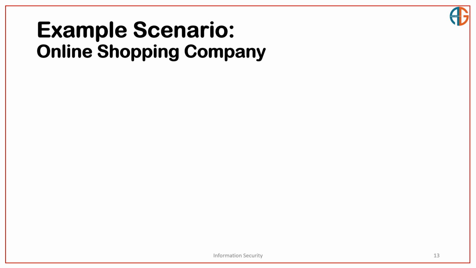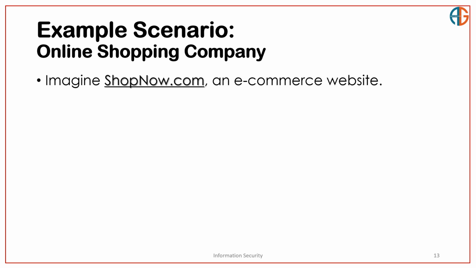Now we can see some example scenarios for an online shopping company. Let's take an e-commerce website called shopnow.com. One of the risks it may face is hackers stealing credit card details.